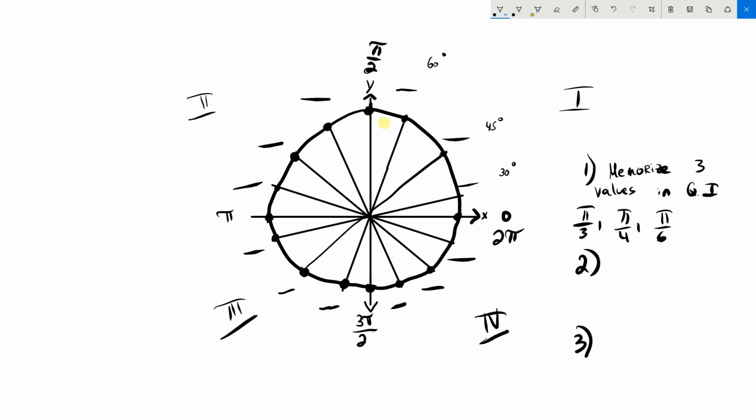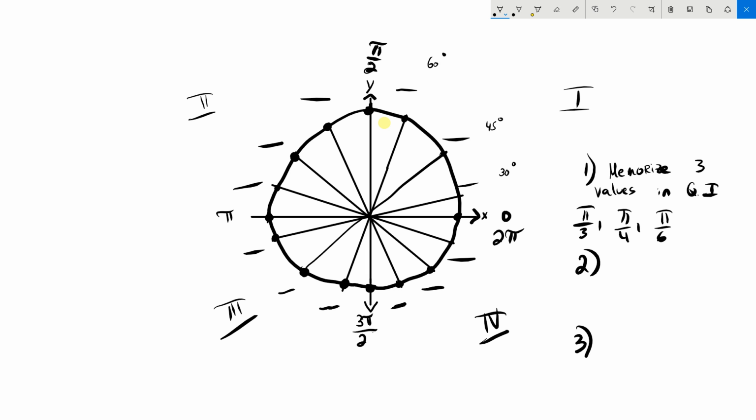So how do we know? Let's say you don't even know quadrant 1. I mean, you should know quadrant 1 at least. Those are the easiest. But to determine quadrant 1 values, you can just look at the middle value over here, pi over 2, up in the very middle of the circle.